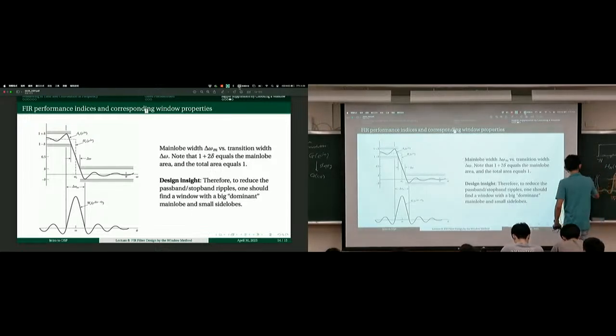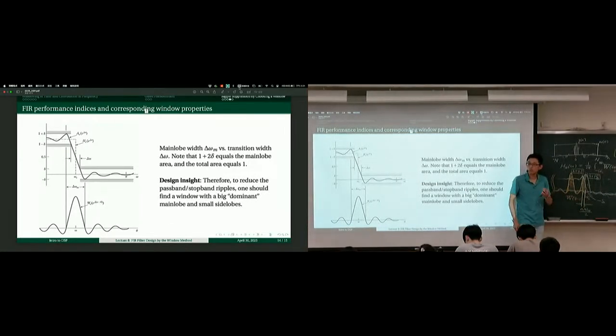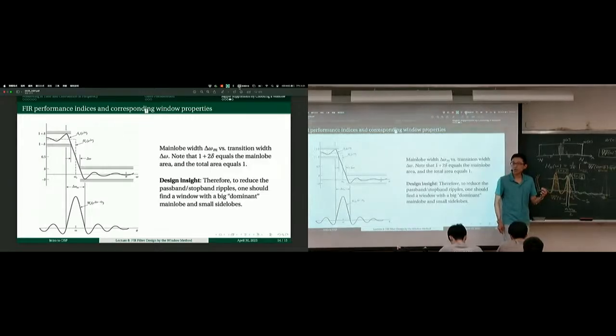If the entire area under the curve, we talk about positive main lobe, negative side lobe, and then positive second side lobe, and so on. Main lobe, side lobe, the entire area is 1.